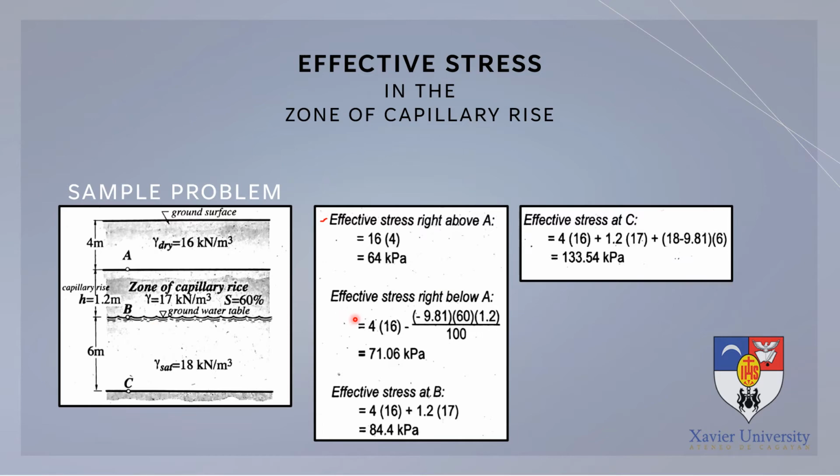So right below A, and that is before B, what we refer to in this situation is the zone of capillary rise. So that is 4 times 16 minus negative 9.81 times 60 times 1.2 over 100. This is actually the formula that we have discussed in the previous slide, no?